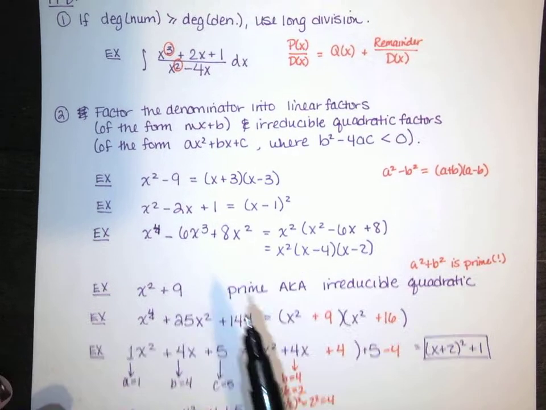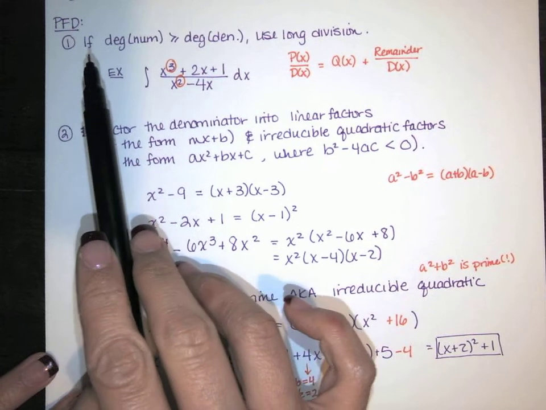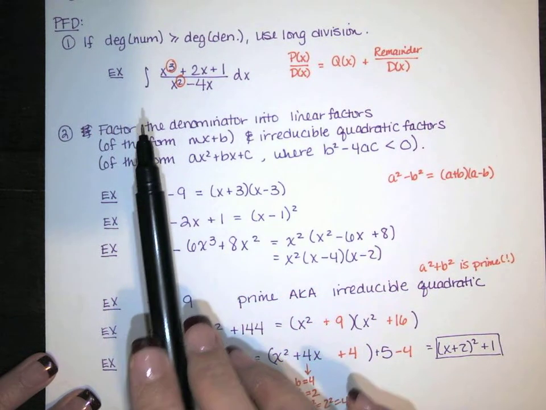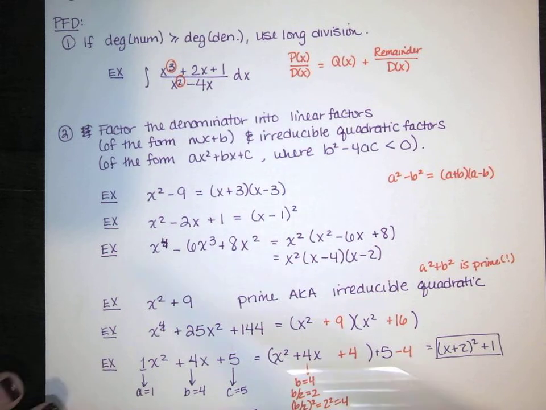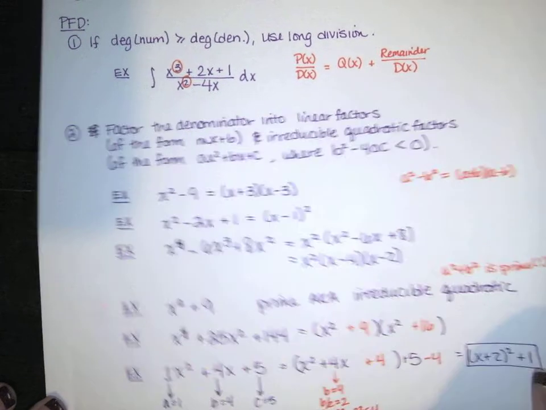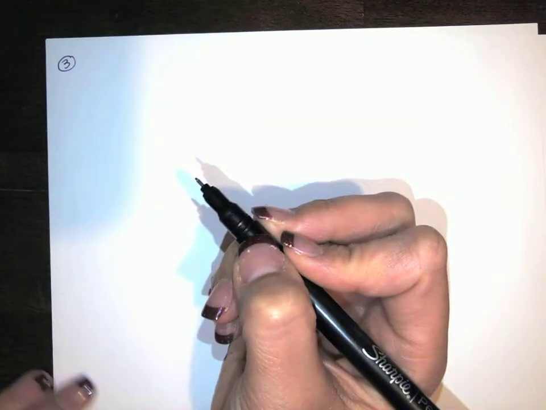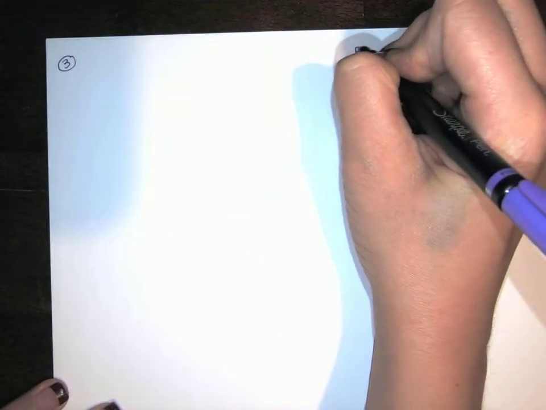So again, with PFD, if the degree of the numerator is less than the degree of the denominator, you don't have to do the long division, and you want to factor the denominator as much as possible. Now, once it's factored, it might look something like this.